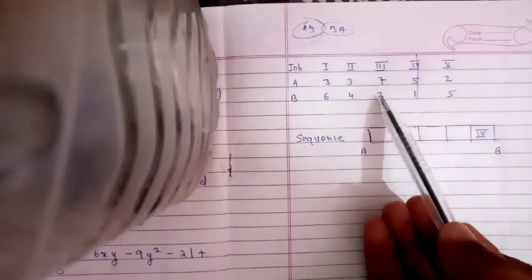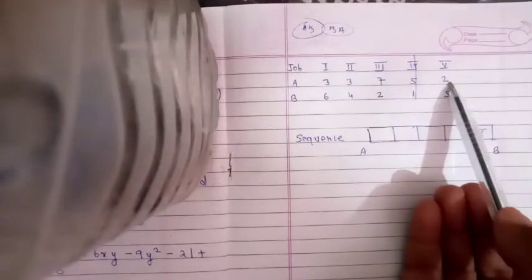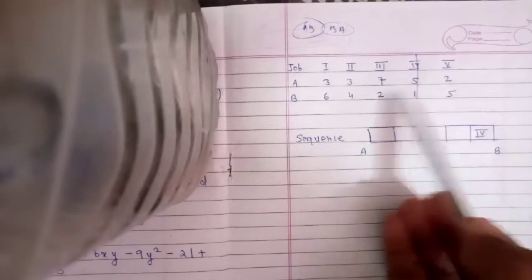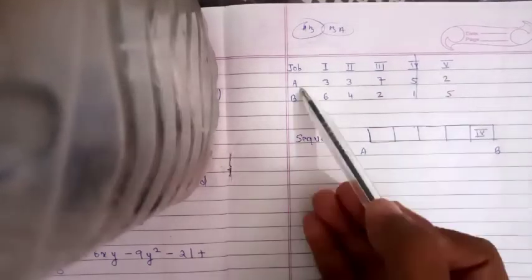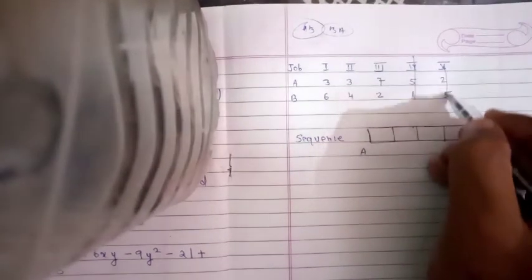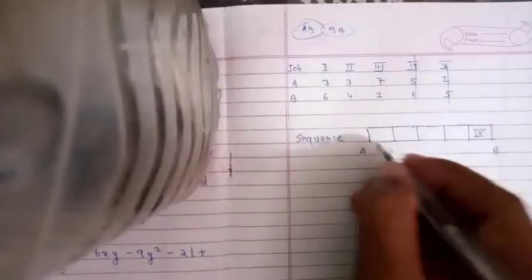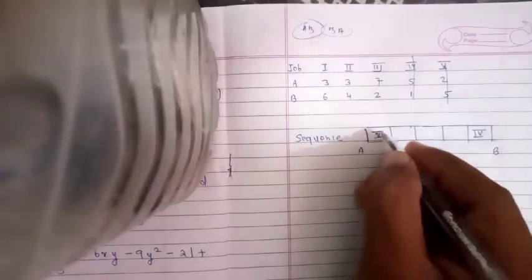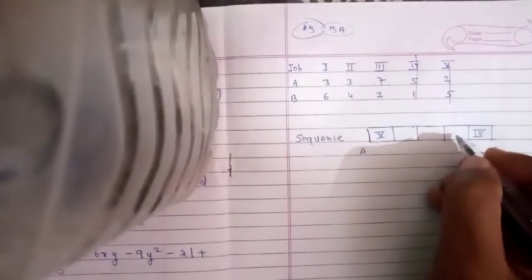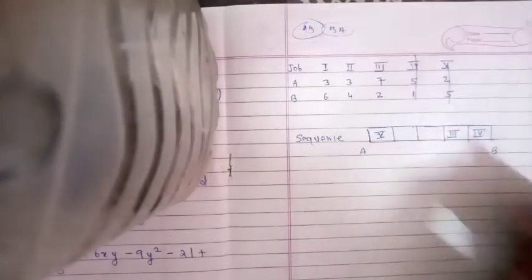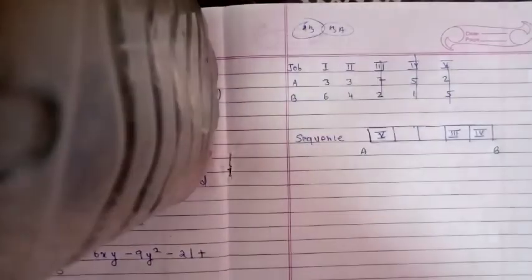Now the next minimum is 2, and here is also 2. This job is for machine A, so I will cancel this, and this will be performed first, so this becomes job 5. This is again a minimum, so this will be performed second last. This will get cancelled, this will also get cancelled.